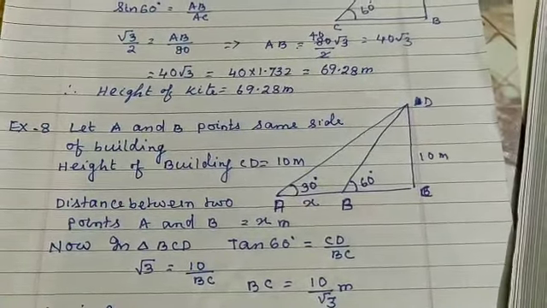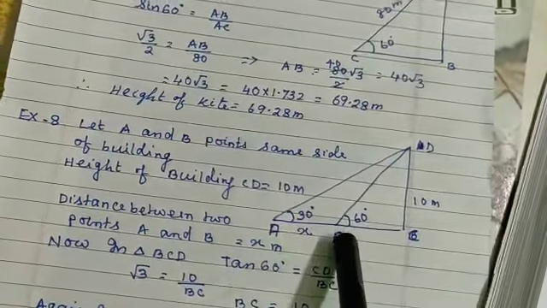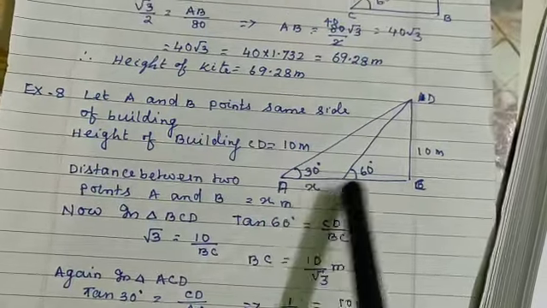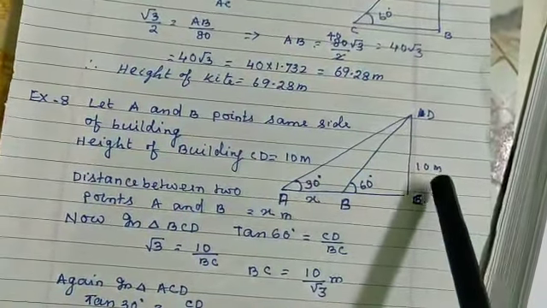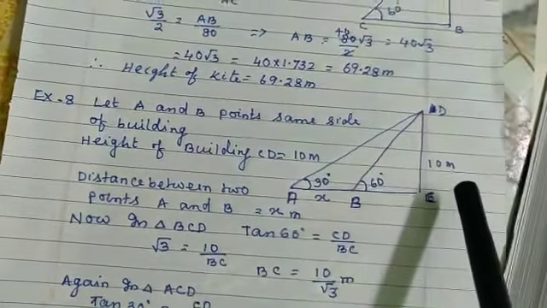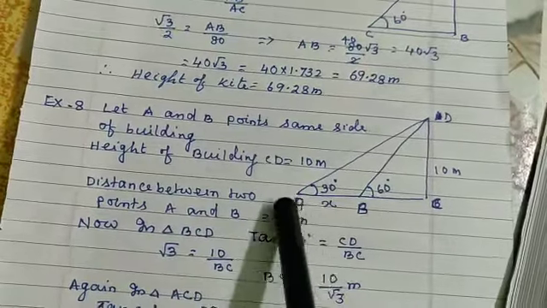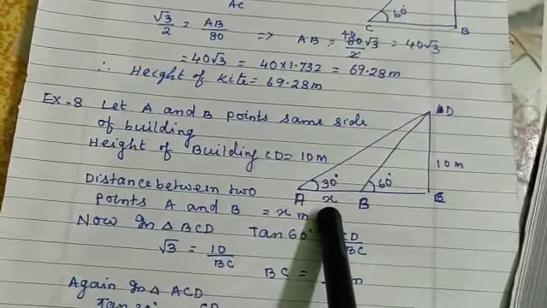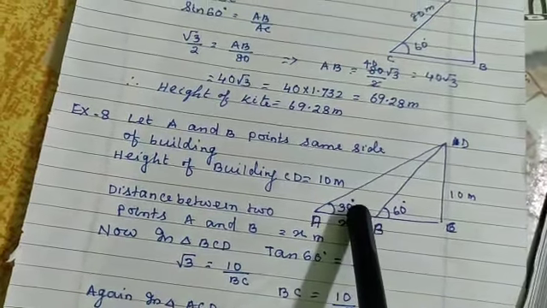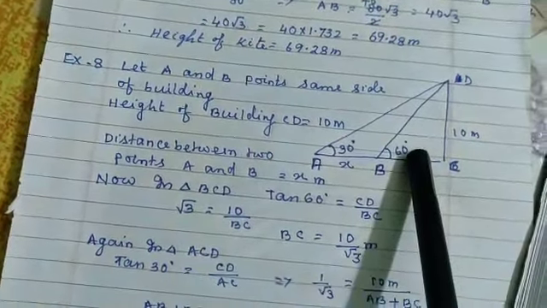Find the distance between A and B. Now A and B are the two points on the same side of the building. Let the height of the building CD be equal to 10 meters. Let the distance between the two points A and B be x meters. Now the angles of elevation are 30 degrees and 60 degrees respectively.